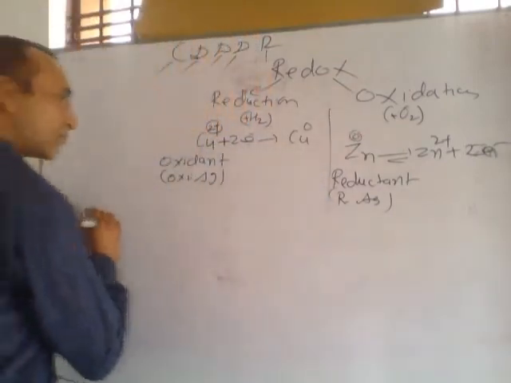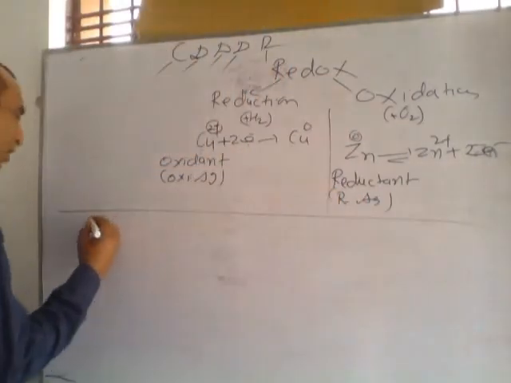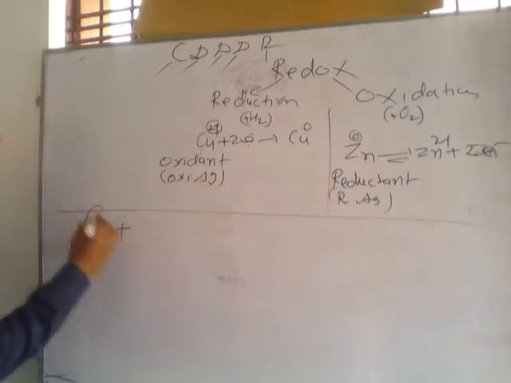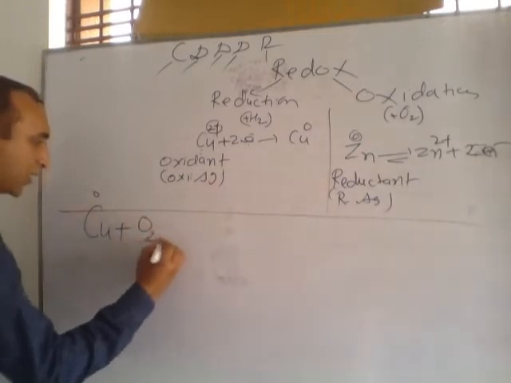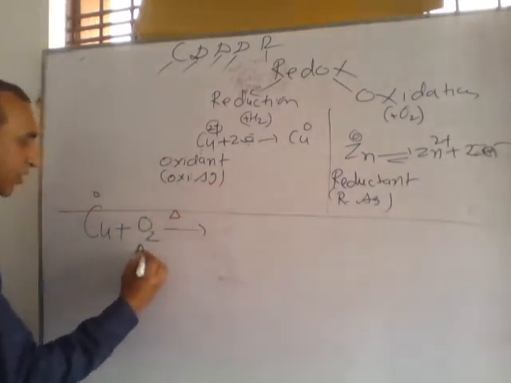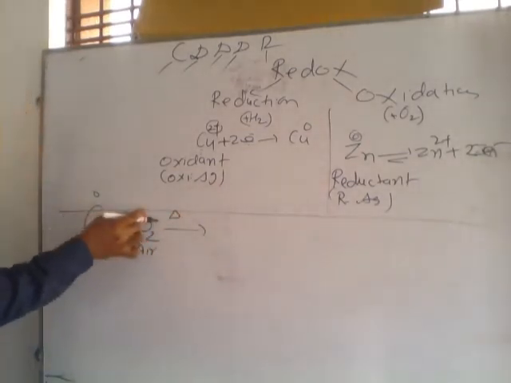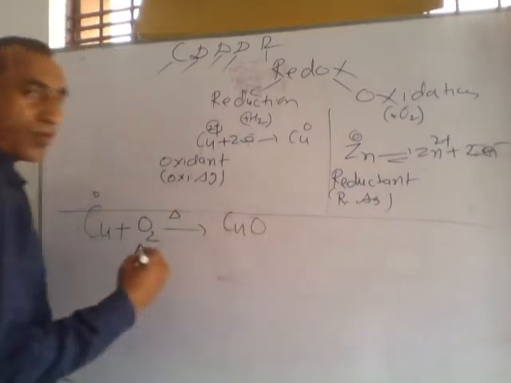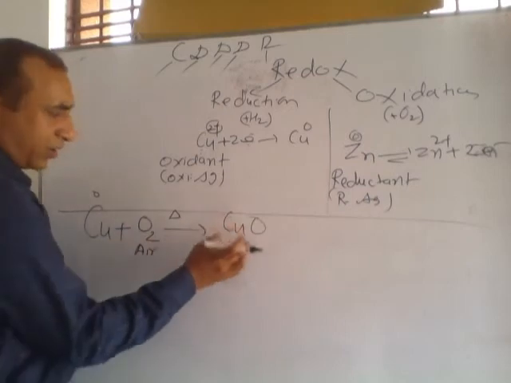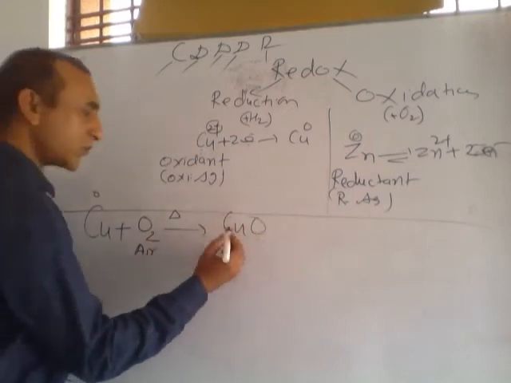Suppose here, observe. Suppose this is copper, the valency of copper is 0. It is heated in presence of air. From air it absorbs oxygen and forms CuO. Can you find out the oxidation in these two reactions?